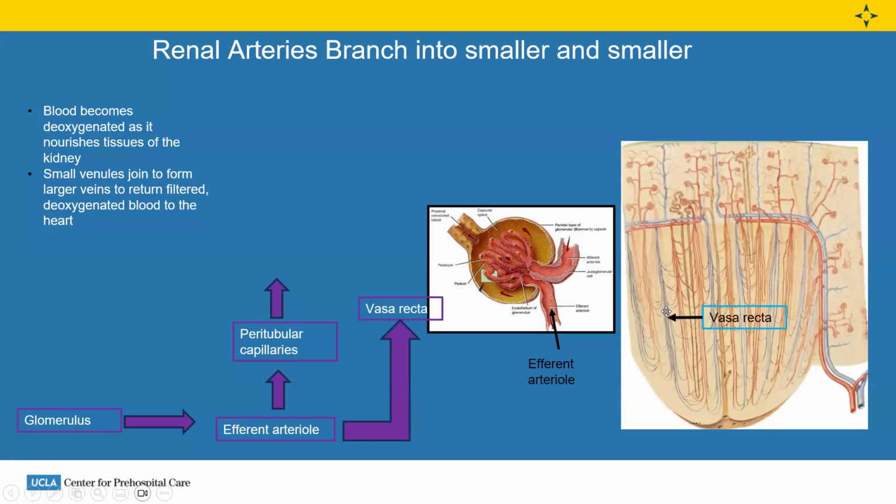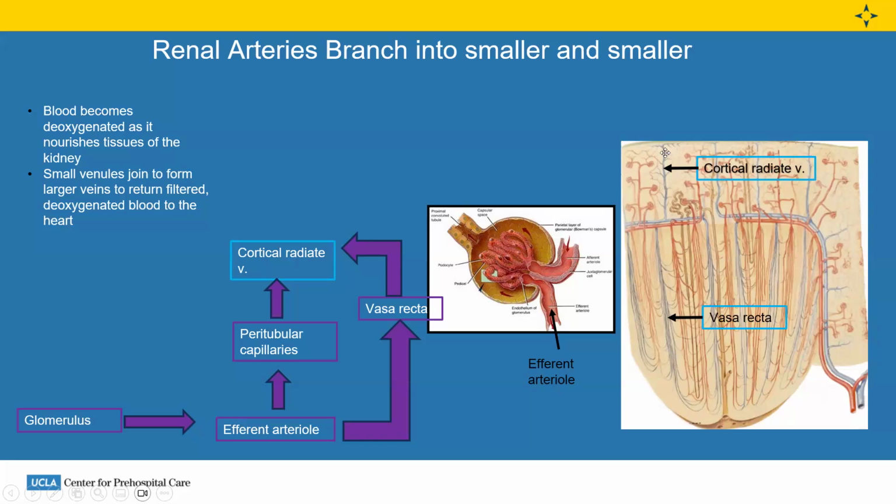And then we're going back to this picture so you can see where our vasa recta are. Recta means straight. Vasa means like blood vessel. So essentially these blood vessels going straight up and down in our renal pyramids. Okay. So that vasa recta is going to feed from that efferent arteriole.